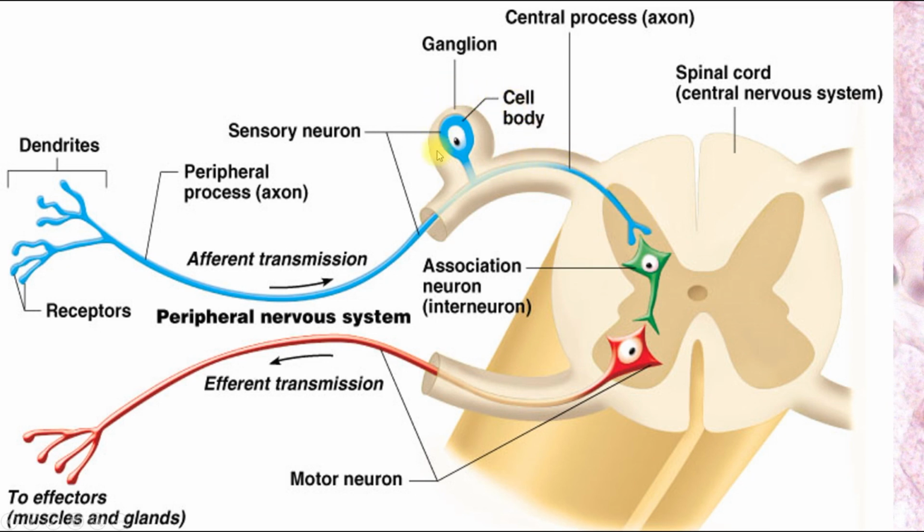So sensory neurons are located in the peripheral nervous system in spinal ganglia, not in the central nervous system. Almost all sensory neurons are located in the peripheral nervous system, in ganglia or in other structures. Only their axons enter the CNS inside the posterior roots of spinal cord.